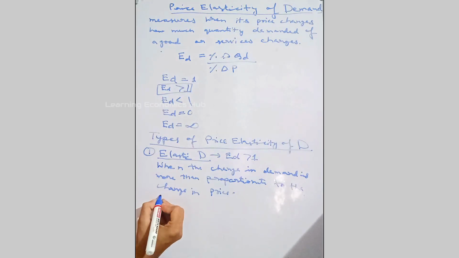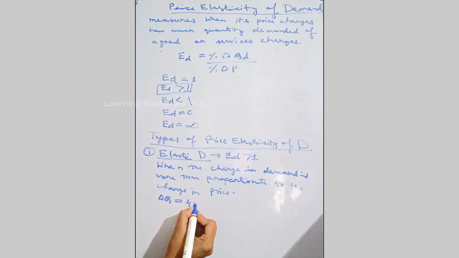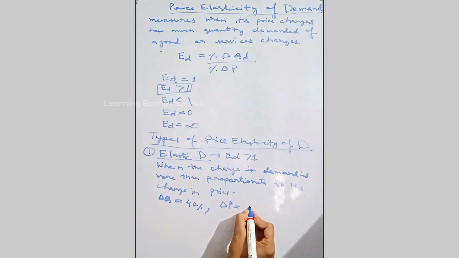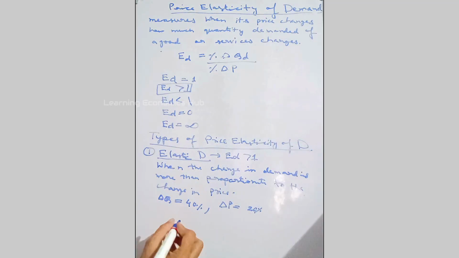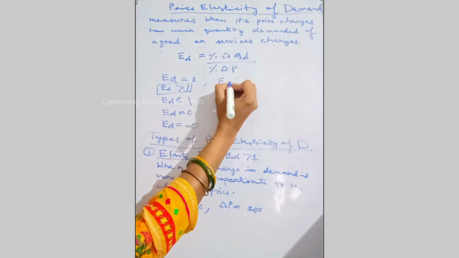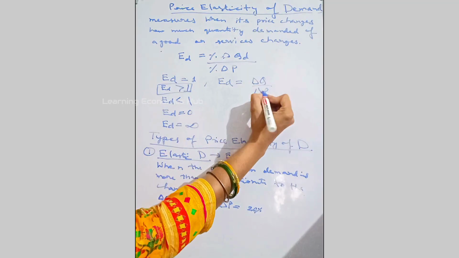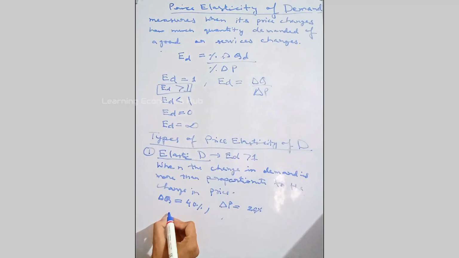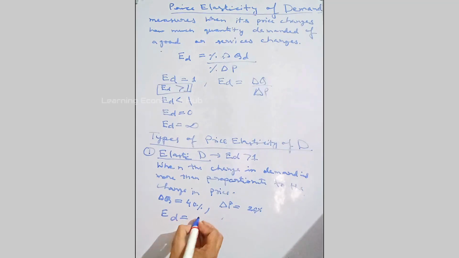For example, if change in demand is 40% and change in price is 20%, the formula is ED equals del Q upon del P. Putting the values, change in demand is 40% and change in price is 20%, so 40 upon 20 is 2.